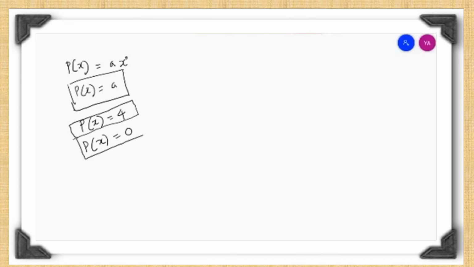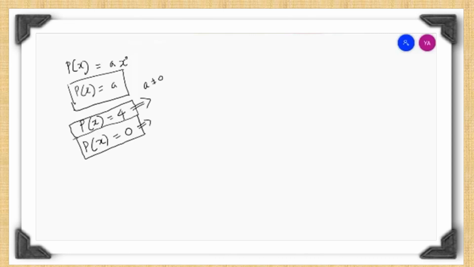In 9th standard, you have studied that for this kind of polynomial, degree 0 and the value is not 0, suppose a is not equal to 0, then we can say the polynomial is a constant polynomial. If p of x is equal to 0, we can say it's a zero polynomial.